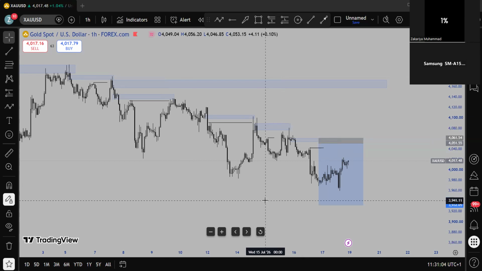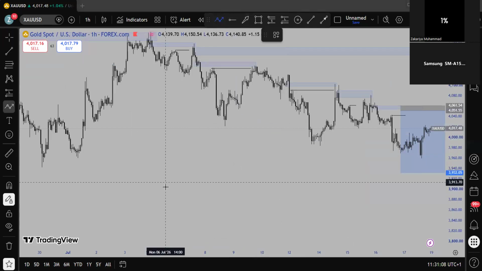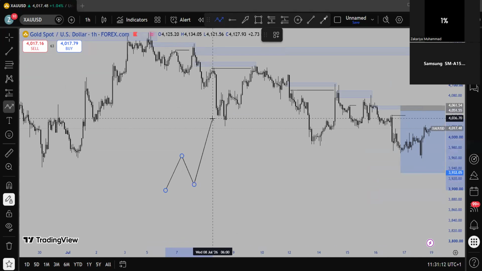If the market really wants to buy, it cannot just go all the way up like this. If the market makes this kind of movement without retracing back, just know that it is looking for a supply zone to buy aggressively from.